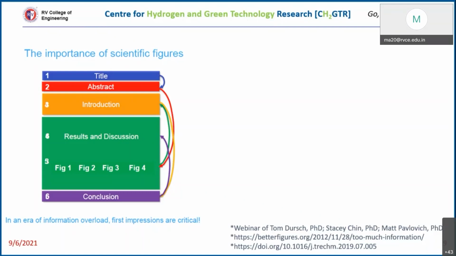You should not end up referring to the information provided in the report to understand the picture. That is what they are trying to convey through this slide. So a picture should be standalone along with the caption.